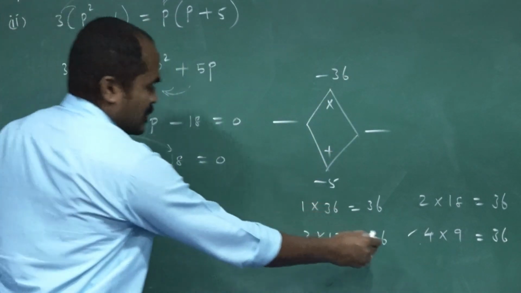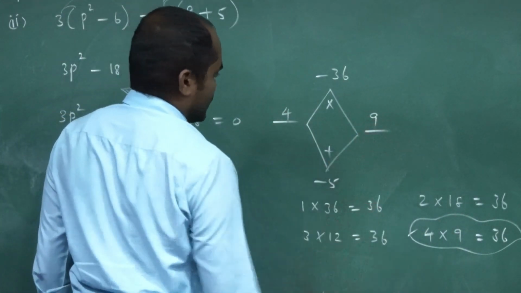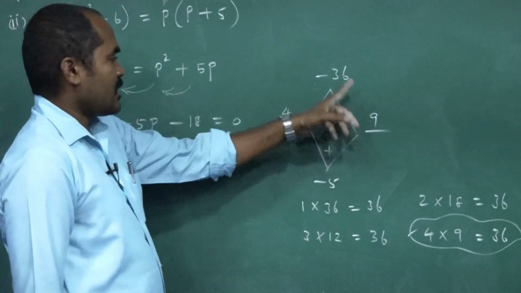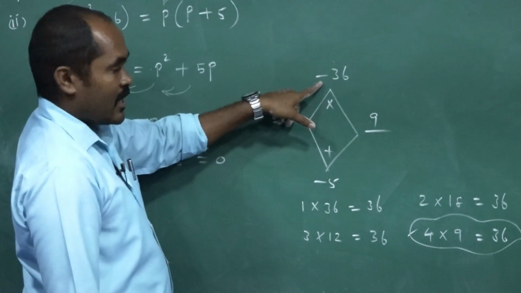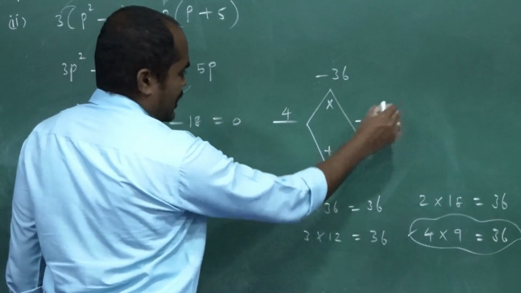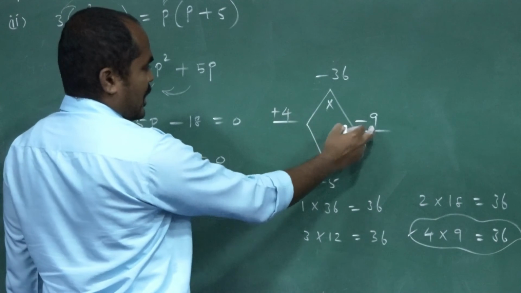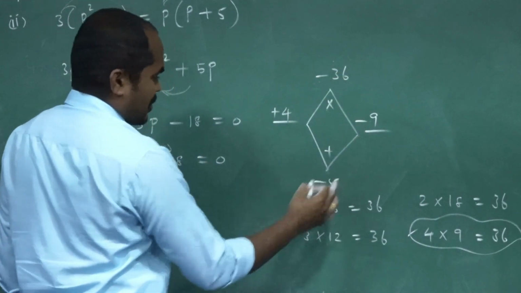So write 4 and 9 here. We need -36 and difference -5, so put minus here and plus here. Plus into minus is minus.